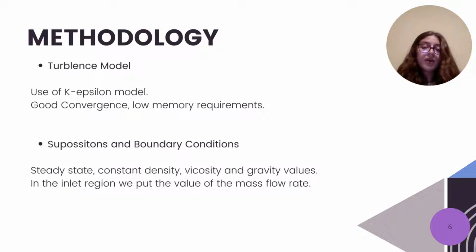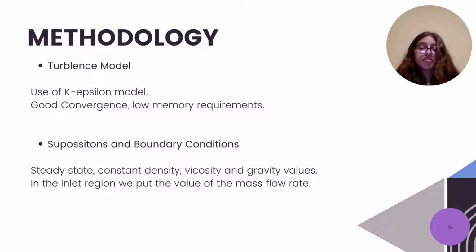The flow was simulated with a turbulence model. That means it was necessary to use a K-epsilon model, because this model allows running simulations with a high Reynolds number. Another advantage is that this method has good convergence and low memory requirements.